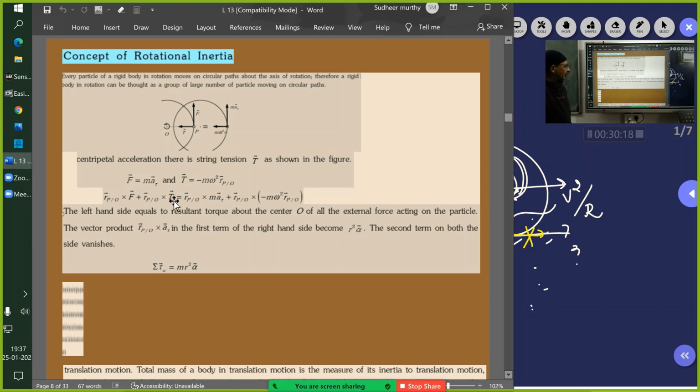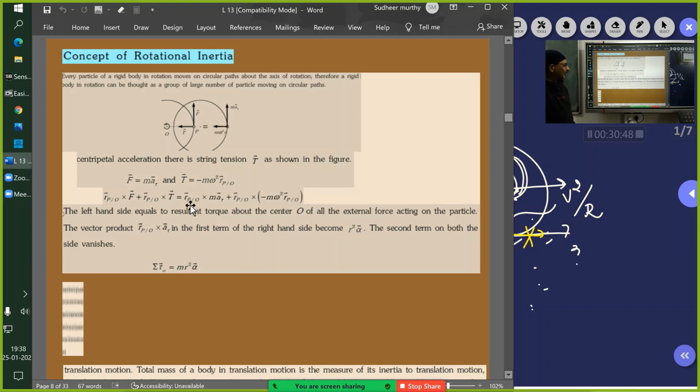So you are taking the cross product of the position vector and the force vector. So what do you get? If it is static, you use the word moment. Since it is dynamic, we use the word torque. So this expression plus this expression will give you the total torque.